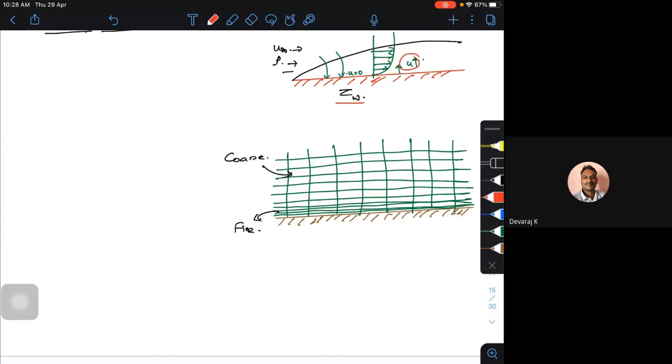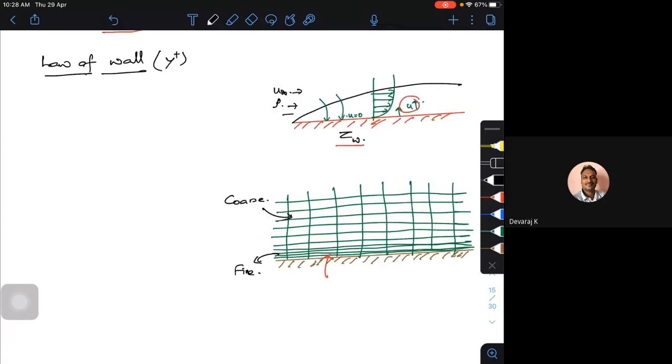Now whenever I want to study the effect of this wall shear stress for a turbulent flow, what should be my first layer of mesh, or what should be my grid's first layer? That is called y plus. And this y plus is given by this equation: rho into u star into y, divided by your kinematic viscosity.